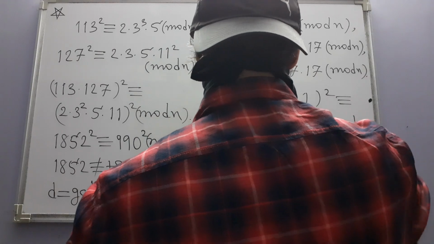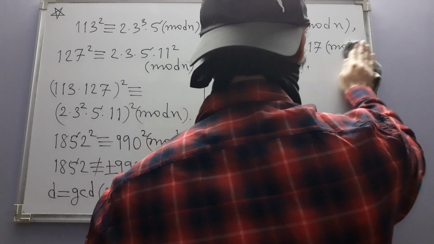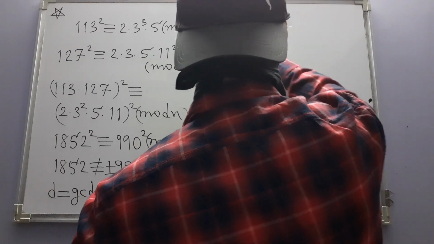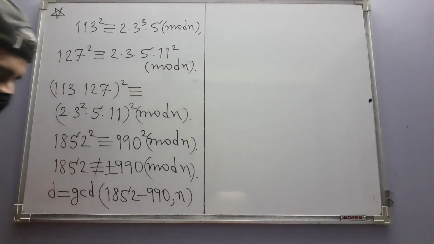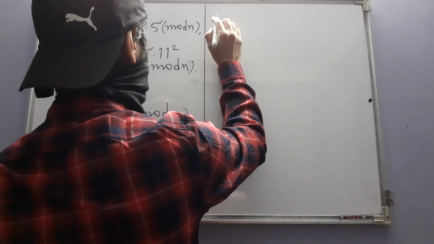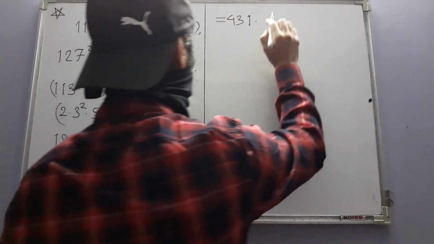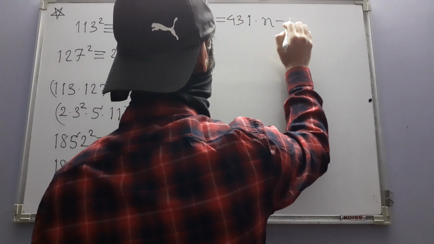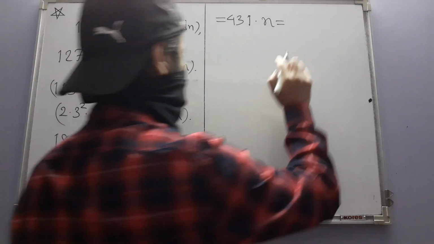And 431 obviously is not equal to 1, and it's also not equal to the given n, and that's why it's a non-trivial divisor. And in fact, n turns out to be equal to 29 times 431.